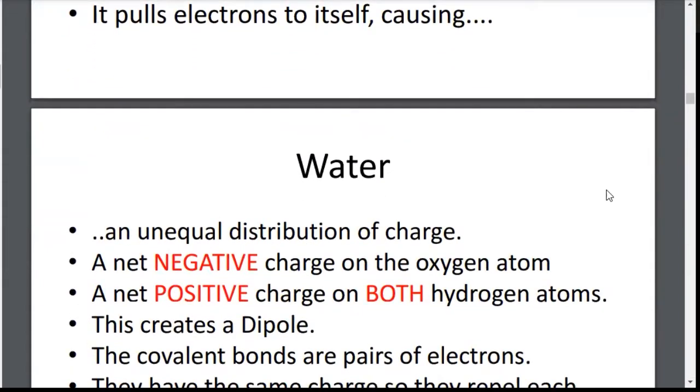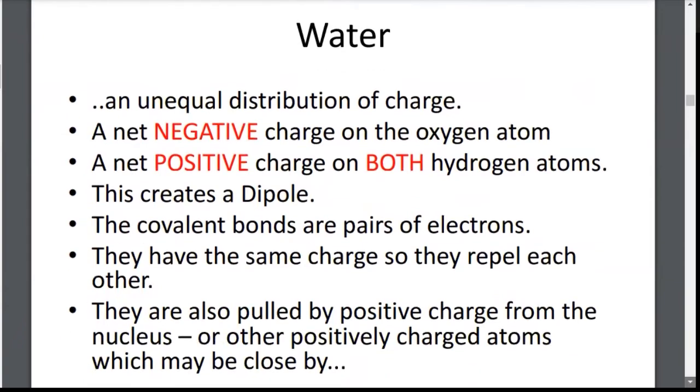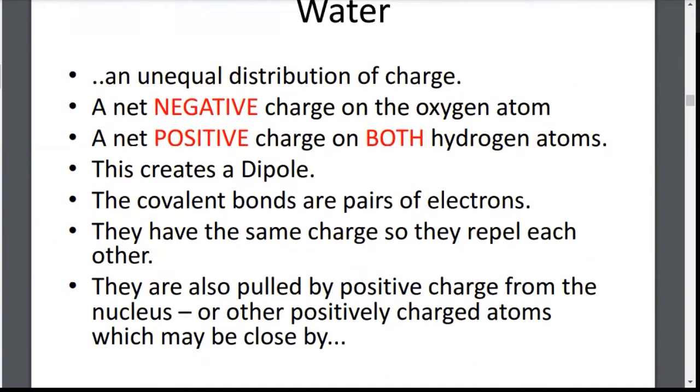In science, chemistry and physics, whenever you hear the word charge, all they mean is whether it's positive or negative. And what happens with an unequal distribution of charge is that with water you get a negative charge on the oxygen atom, but a positive charge on both hydrogen atoms.